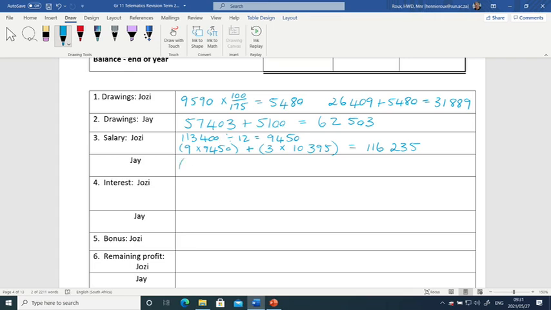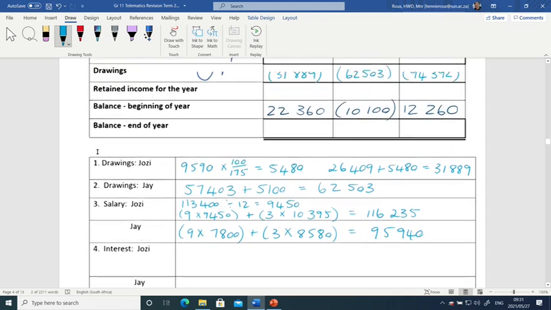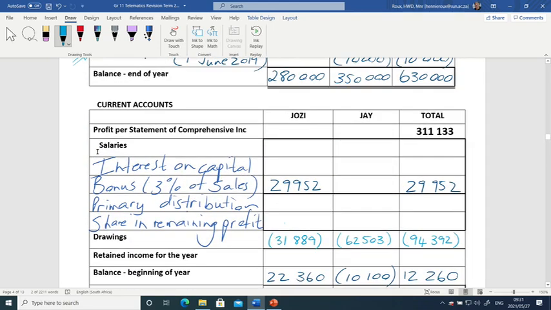For Jay, it's a bit easier because they already gave us the monthly salary, and then for 3 months, the 7,800 plus 10%, plus 780, which will be 8,580, and that will give you 95,940. So there you have the salaries, and we can put those 2 puzzle pieces in the puzzle.